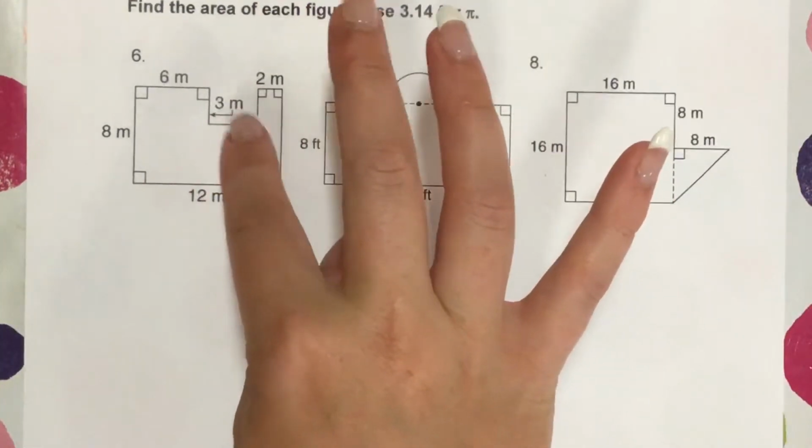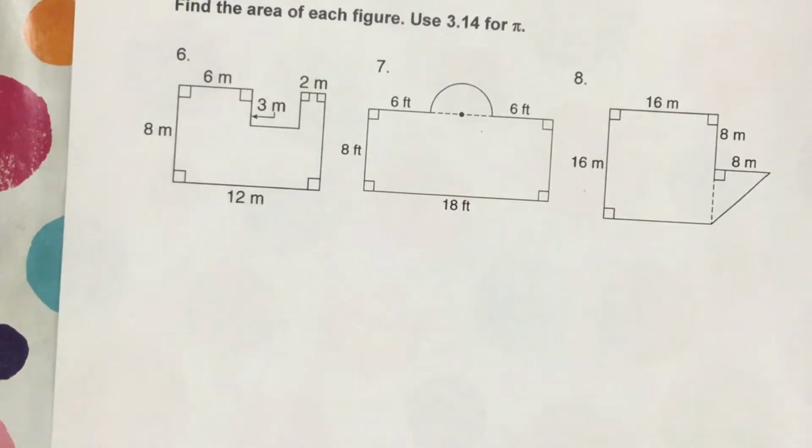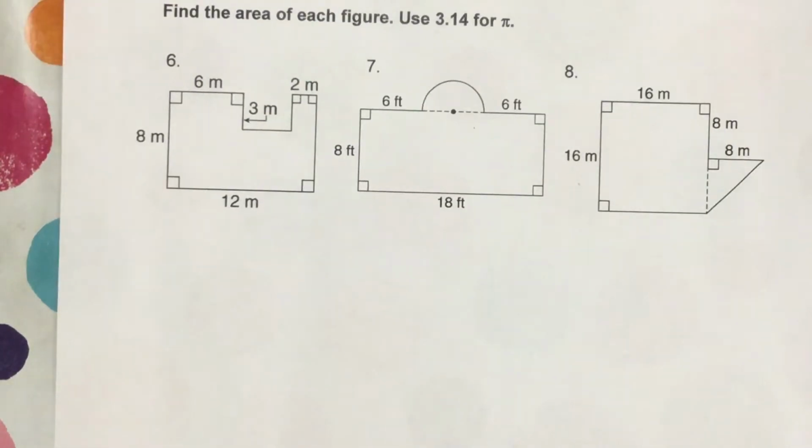This portion is taken away from the big area. So that's what I'm going to do. And you should get the same answers. So if you did it a different way, we should get the same answers. It's just a different way of attacking the problem.